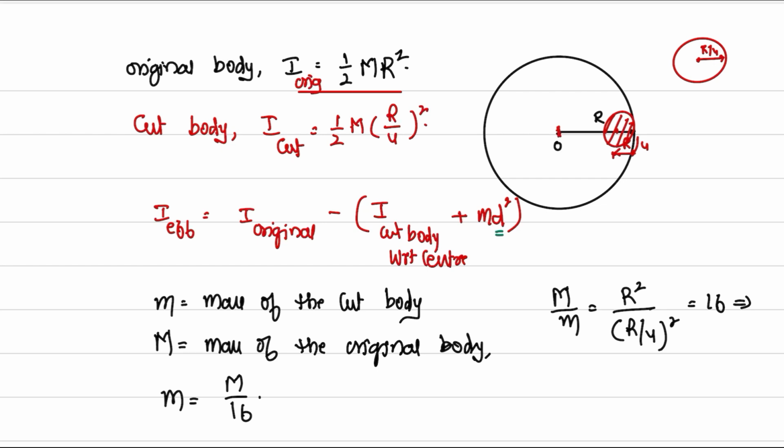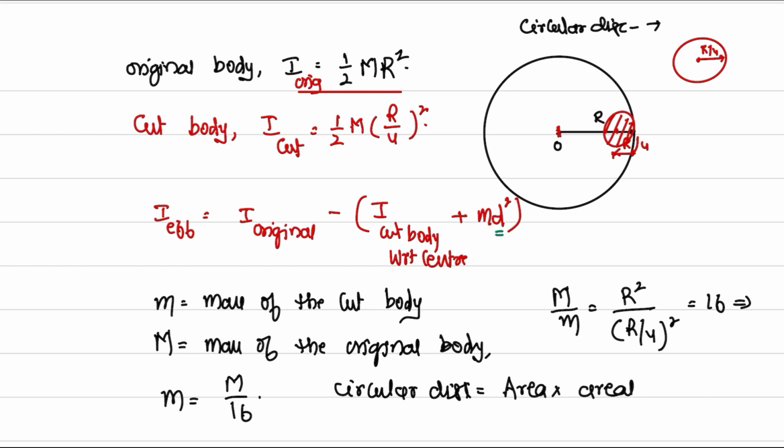Its mass is, as already seen for wire, in a circular disc, area into areal density.